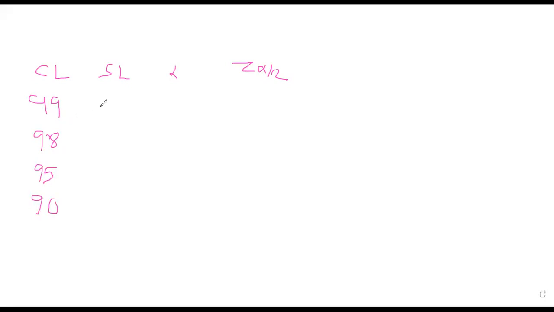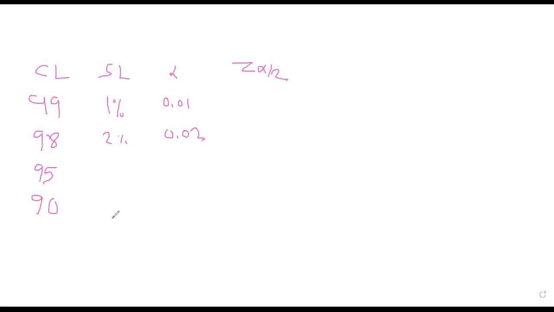The difference from 100 is called the level of significance. So 99 from 100 is 1%. 98, we have 2%. The alpha is when you divide it by 100, so this is 0.01. When you divide 2% by 100, this is 0.02. Everything means the same. So help me finish up the last two.